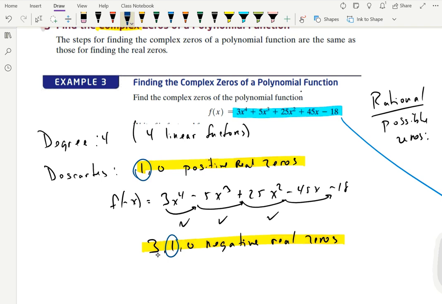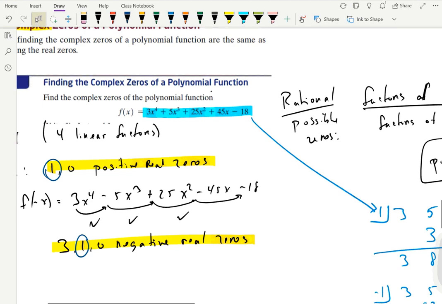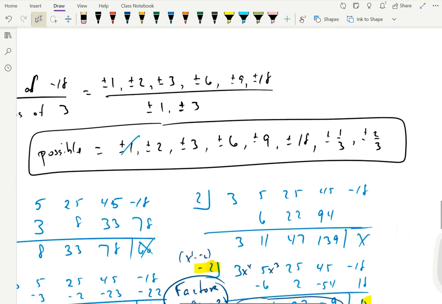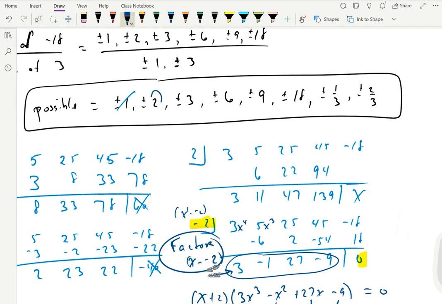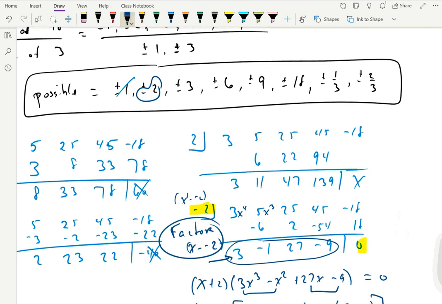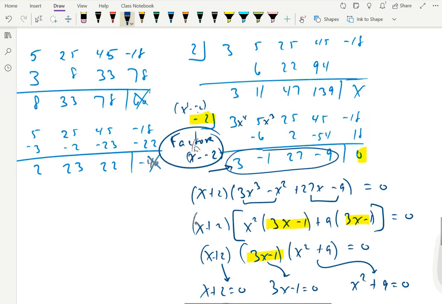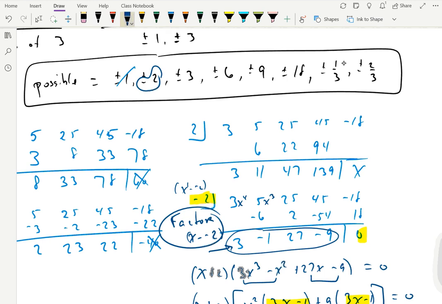If I end up with 2 more negatives, then I have 3 negatives, and then 1 positive gives me my 4 zeros, which is a possibility. Let's take a look at other things that happen. If we take a look at our possibilities, we had up here negative 2, and now we have positive 1/3.